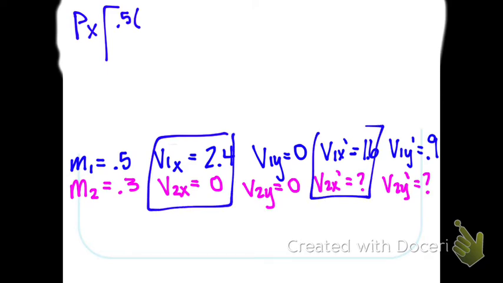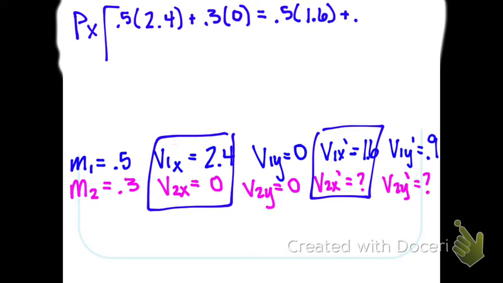So M1 times V1X plus M2 times V2X, which is 0, equals M1 times V1X prime plus M2 times V2X prime. Okay, any questions about how we found those numbers or where they came from? We're only looking at X values here.